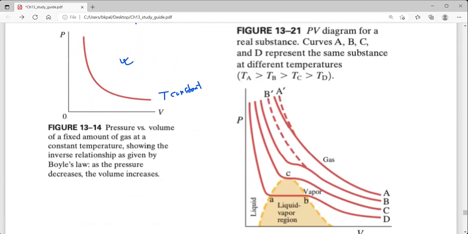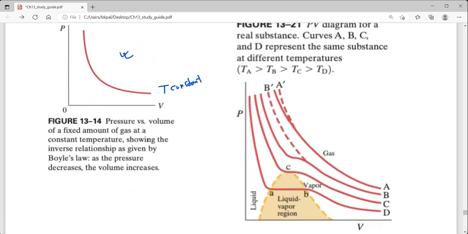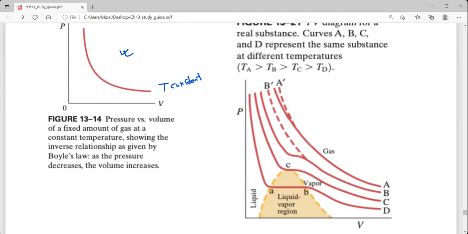The right hand side graph is the PV diagram for a real gas at 4 different temperatures. Graph A is at temperature TA, B is at temperature TB, and so on. The order is TA is higher than TB, TB is higher than TC, and TC is higher than TD. And the boiling point is somewhere here.